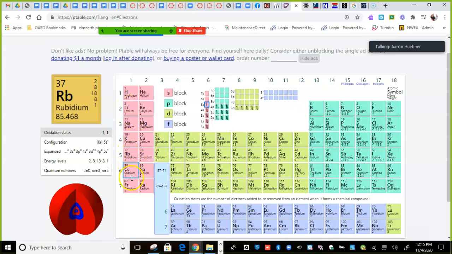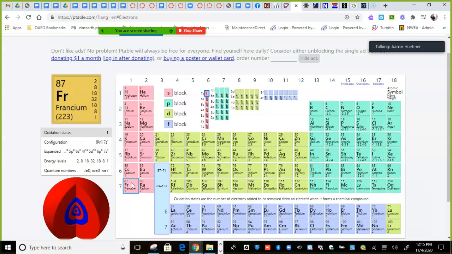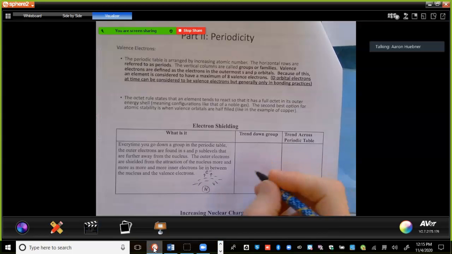The more inner electrons we have, the more electron shielding we have. So as you go down, electron shielding increases. I'm going to put an up arrow, and if that's confusing, I'll write the word increases.